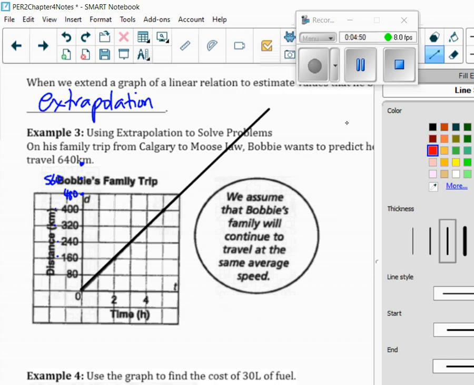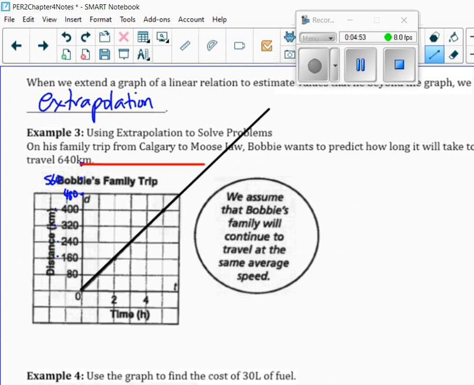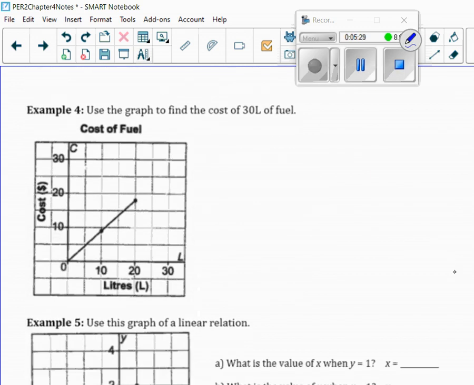I'm going to go across from 640 so I can read it, and then go down with my ruler so I can read this. Does everybody see this is 2, 4, 6, and it looks like 8 hours. So that's extrapolation, where you have to actually read off the graph to predict what's going to happen in the future, or something that you haven't actually got data for.